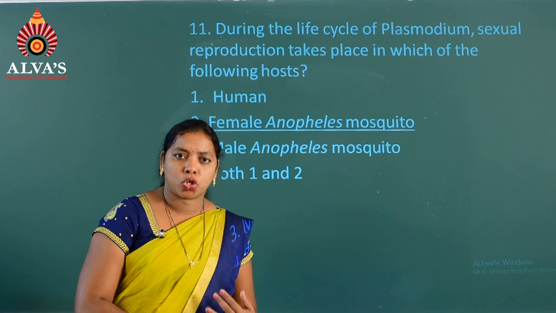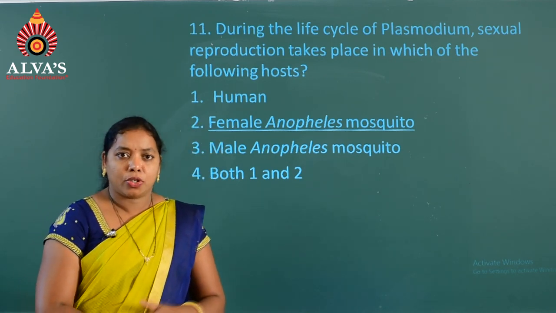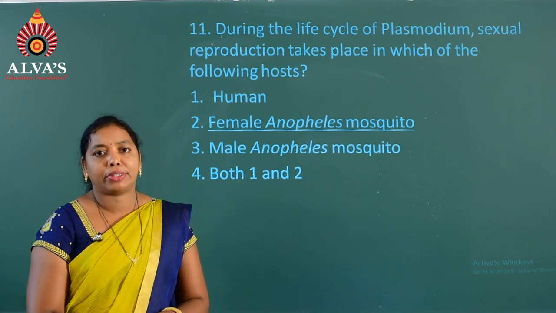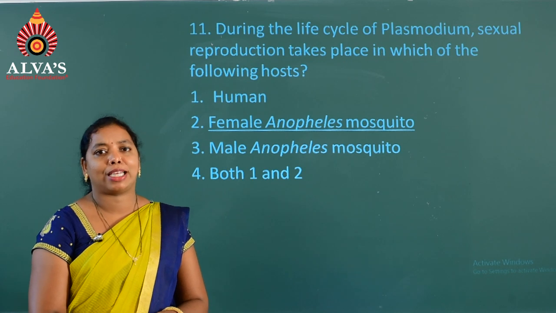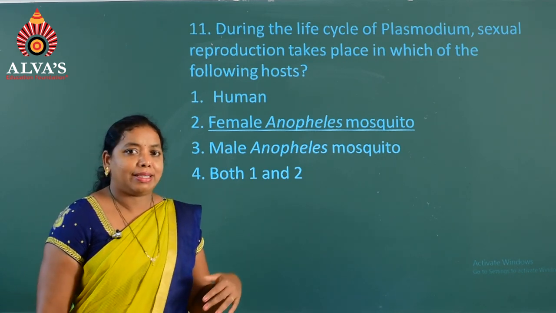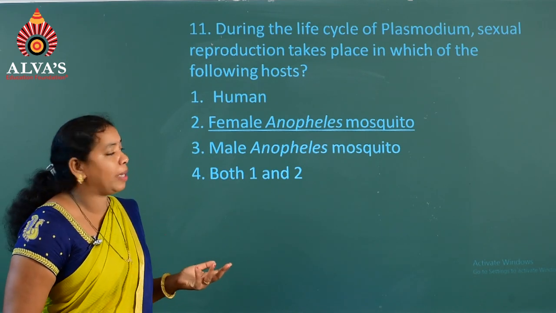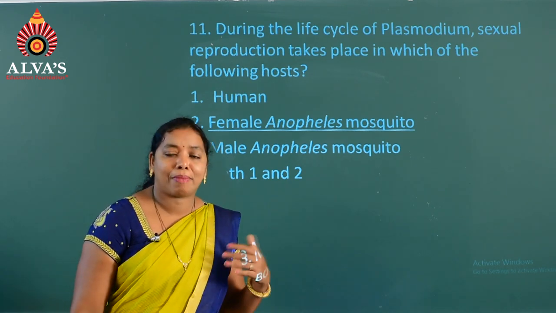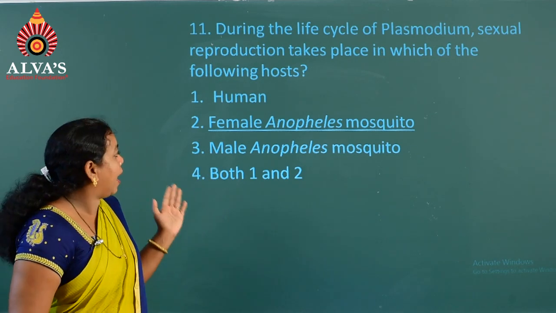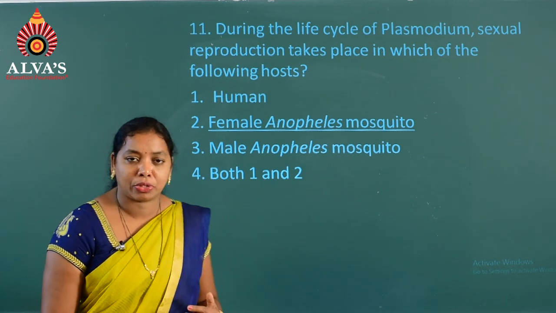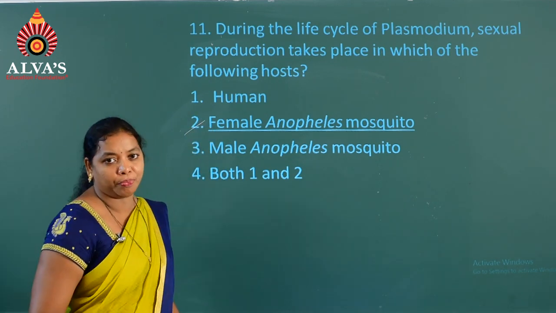In the previous question we already discussed that during the life cycle of Plasmodium it requires two hosts, human as well as mosquito, whereas the sexual reproduction, where the fusion of gametes, the micro and macro gametocytes, takes place in the body of the mosquito. Hence the answer is the second option, female Anopheles mosquito.